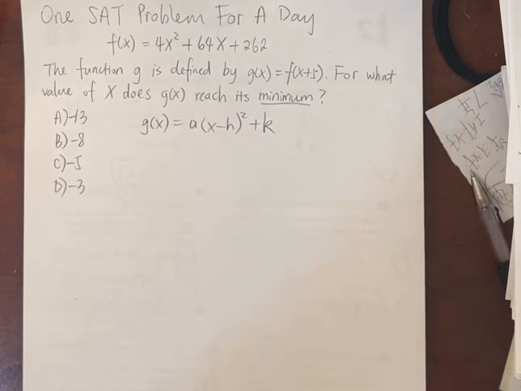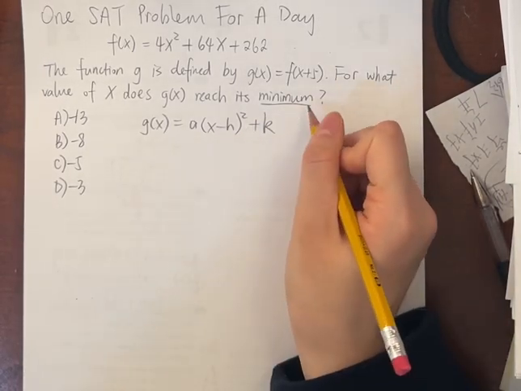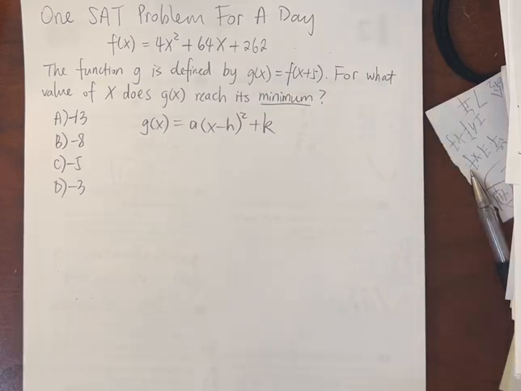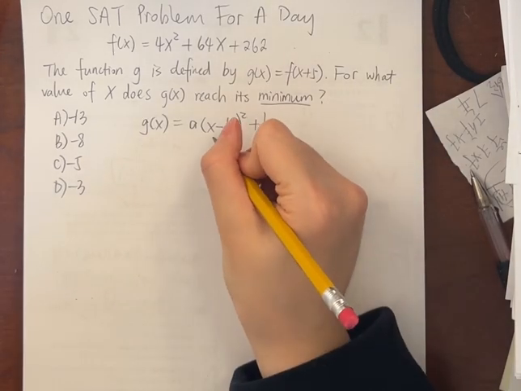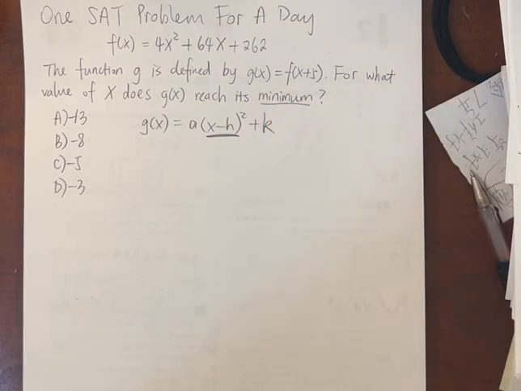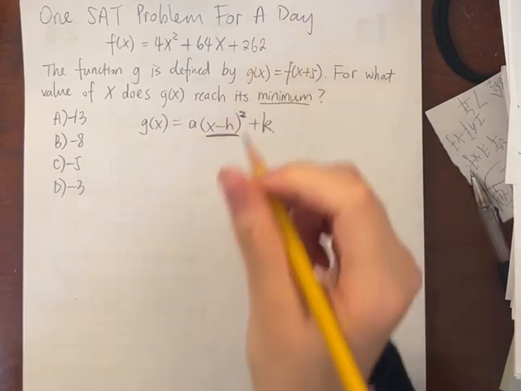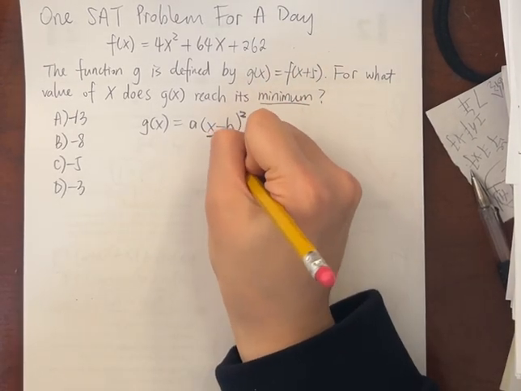When we're dealing with this type of question, it's asking us for the minimum. So think about what the minimum value of the inner part can be. You may say it can be negative. Well, it cannot, because it's squared. If it's squared outside, then the minimum value it can get will only be 0.